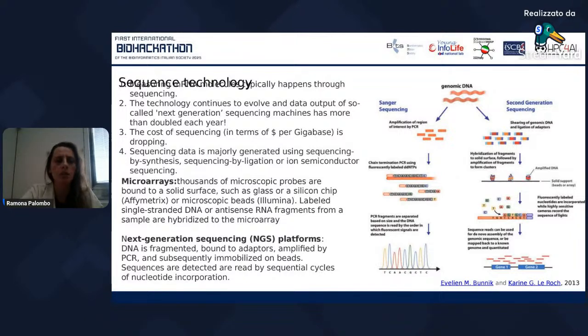And also the cost of sequencing is dropping, so we are living a beautiful moment for sequencing technologies.